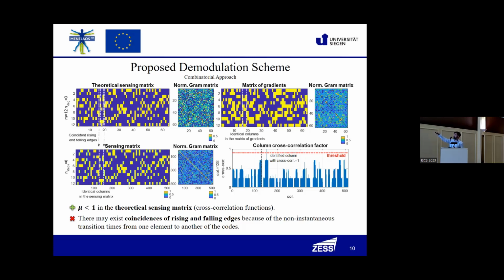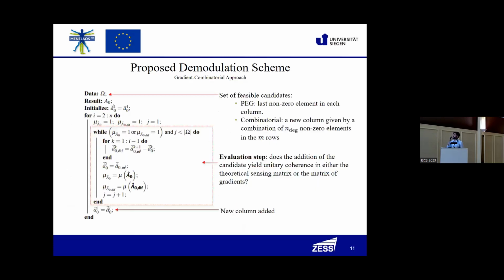Basically, we measure the difference between adjacent columns. As we can see here, we identify the columns with cross correlation equal to 1, and we can correct them by introducing these algorithms. This works for progressive edge growth and also for the combinatorial approach.